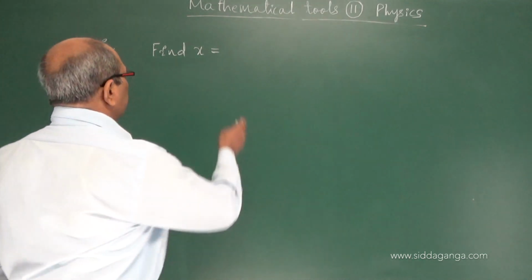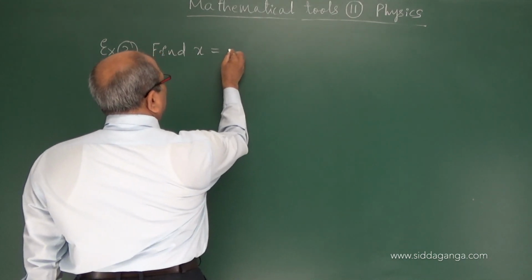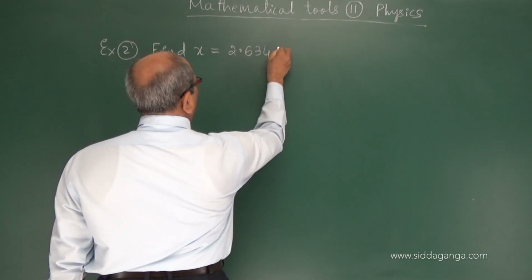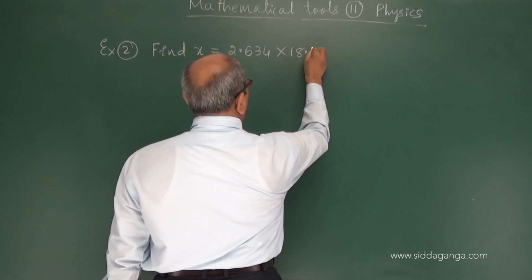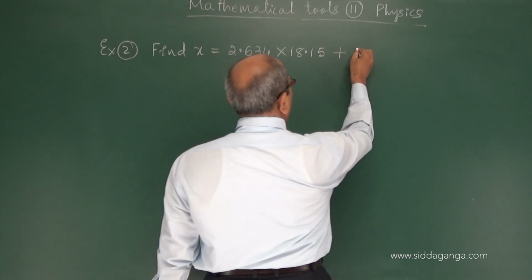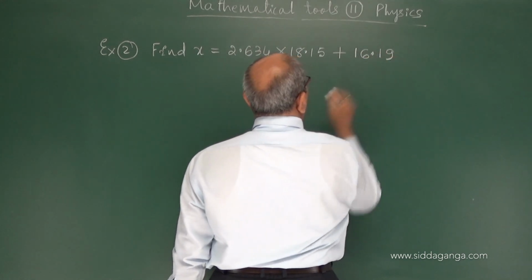So let us take the second problem, find x. That is 2.634 into 18.15 plus 16.19.